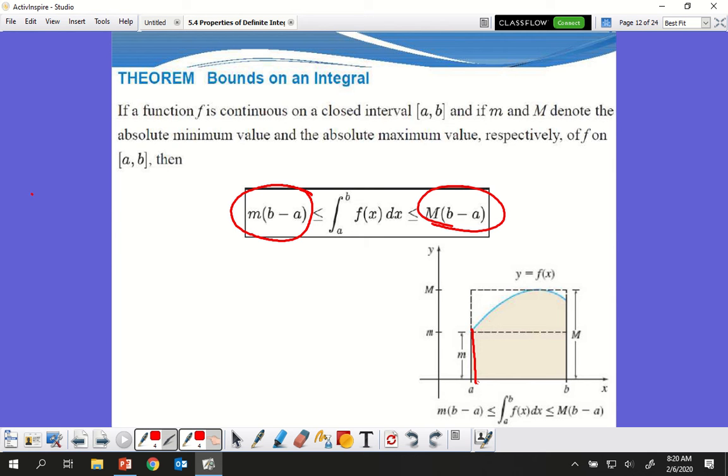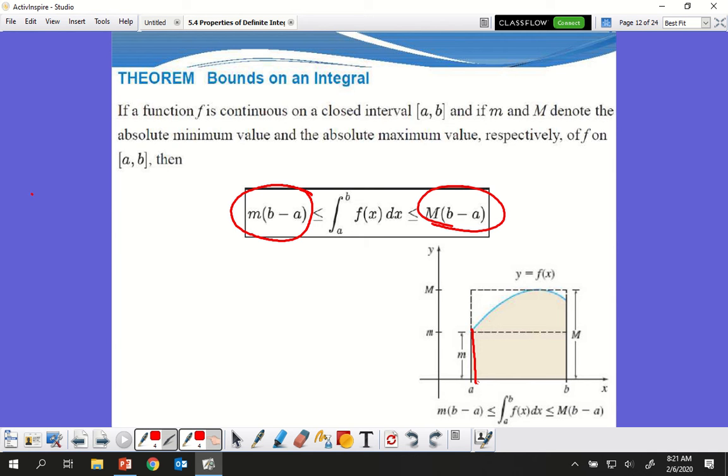Okay, so in this right here, it's my min over that interval. The minimum means it is the lowest point on that interval, right? So, on a closed interval, if my lowest point is 5 and the highest point is an 8, okay?